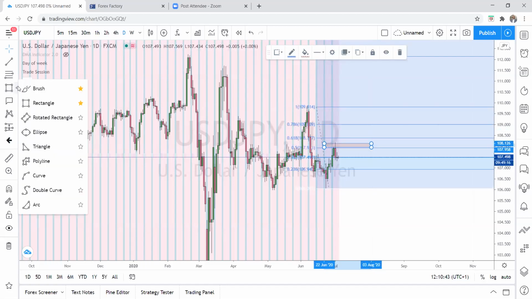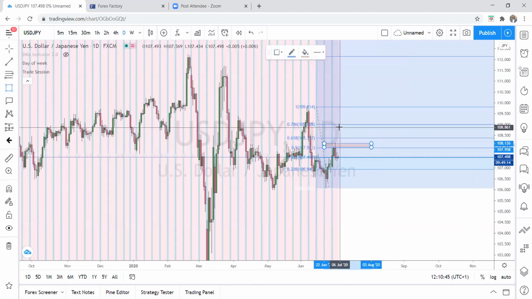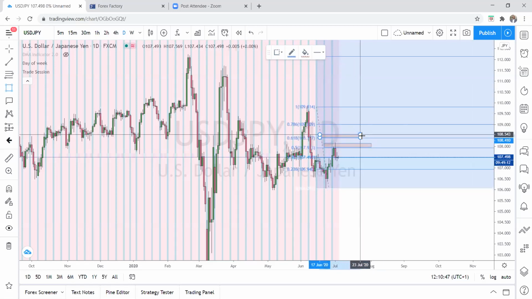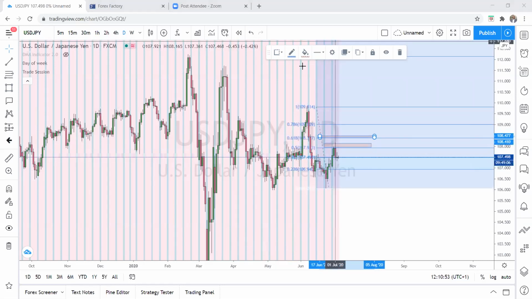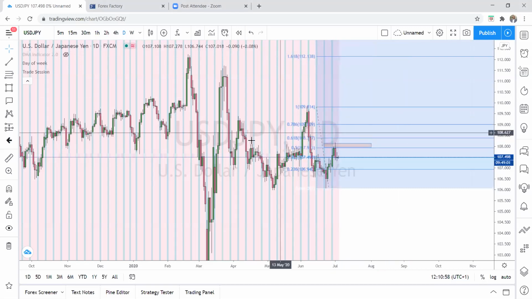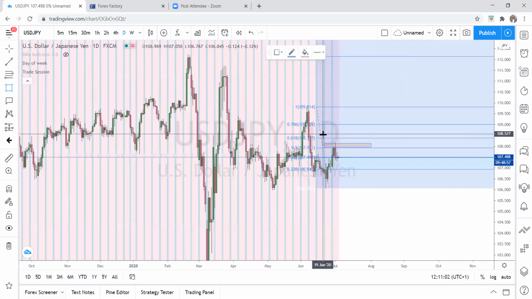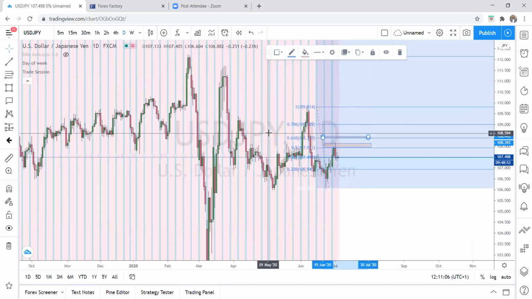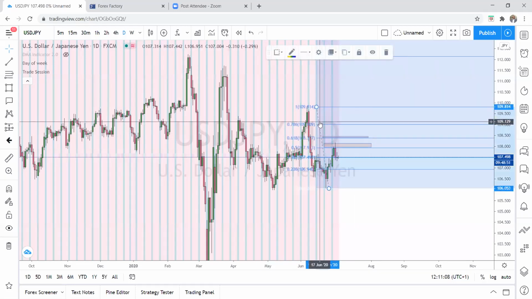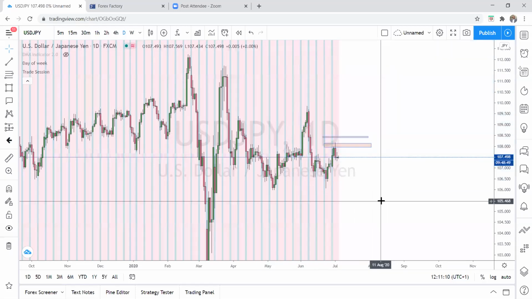So what I normally do is I also mark 61.8% retracement. Assuming it failed at 50% retracement, it will definitely go to 61.8 retracement. But this time around, it's rejecting at 61.8% retracement. Once I'm done with that, I take it off.